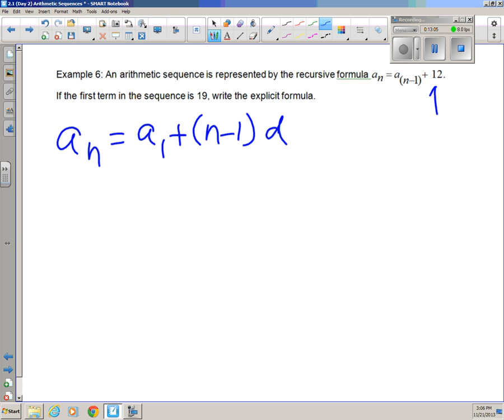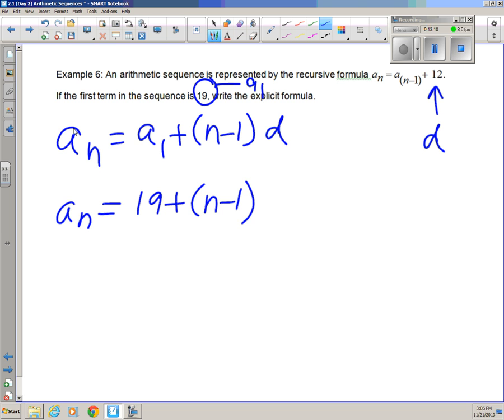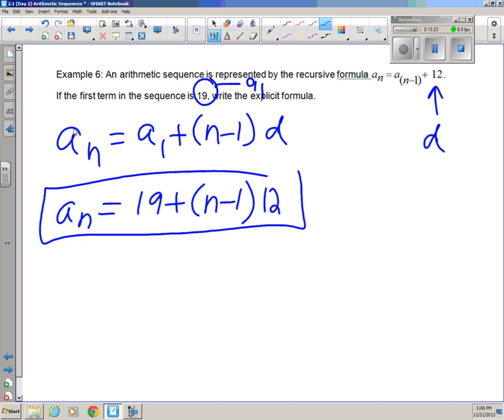Well, the common difference is right there. The first term is right there. So all you need to write is a sub n equals 19 plus n minus 1 times 12. That's it.